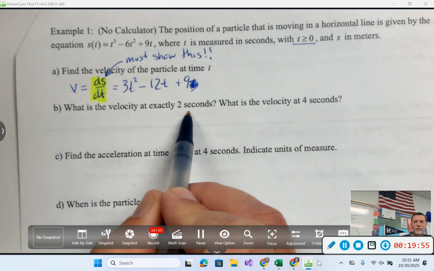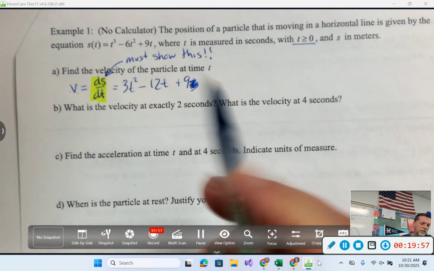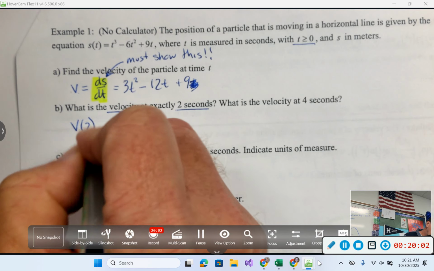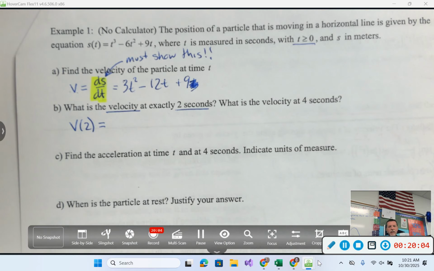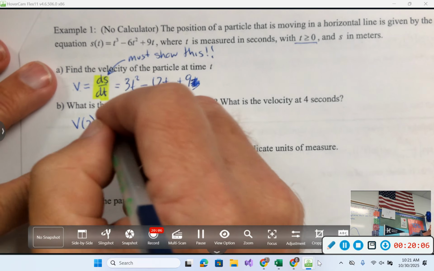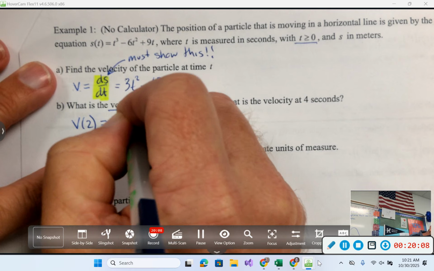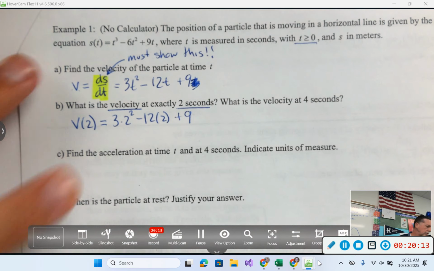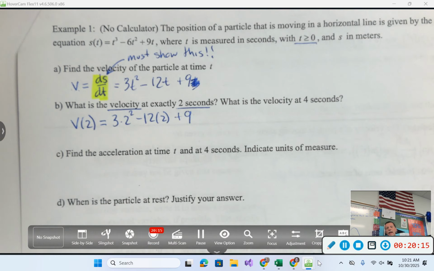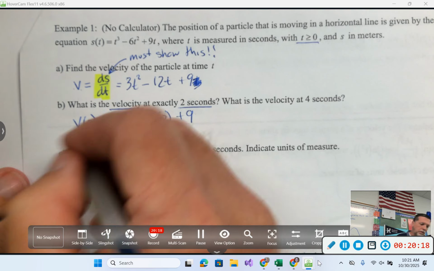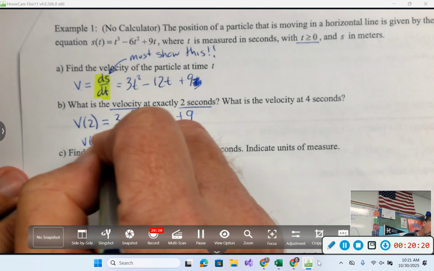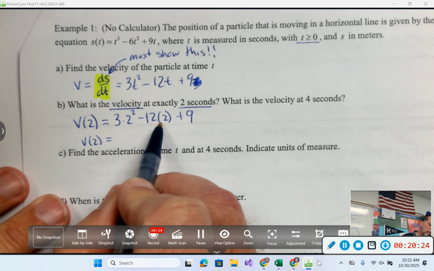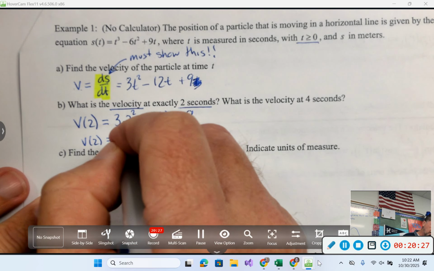They're like, oh, plug in 2 for t, but they plug it into position. We want velocity at 2 seconds. So velocity at 2 seconds means plug 2 in for t. And that's a safe stop, so I guess you could leave it like that. 12 minus 24 is negative 12, plus 9 is negative 3.